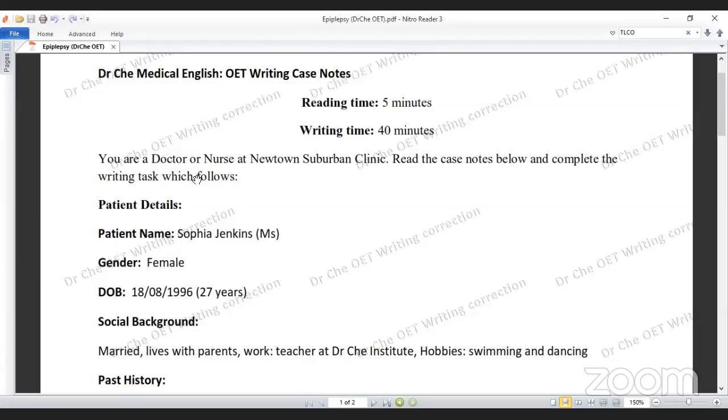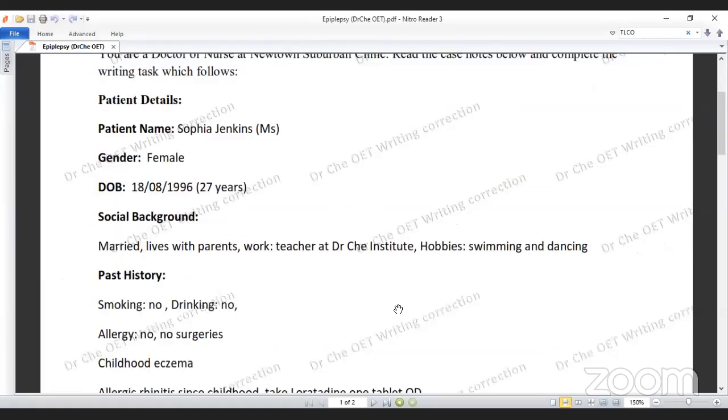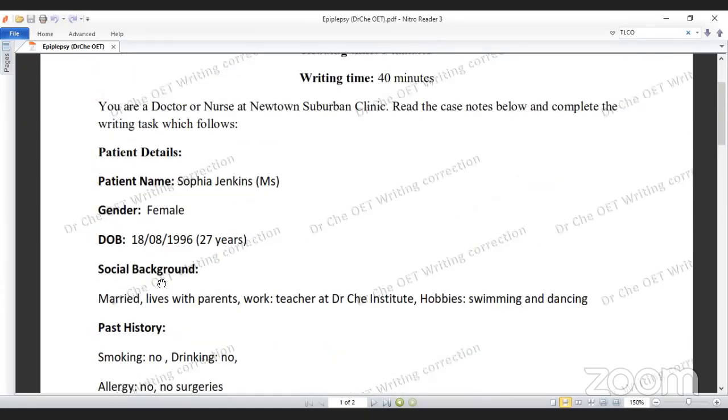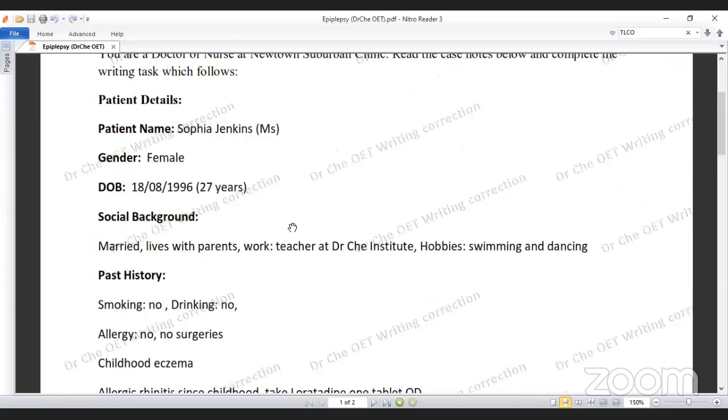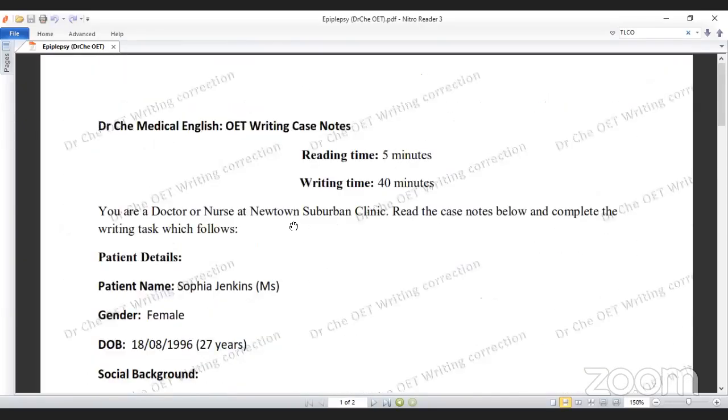I have read this part. Now should I go to patient details, past history, social history, visits, or should I do something else? We should now read the writing task.